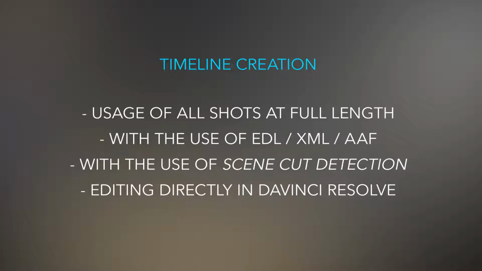Our next function is so-called scene cut detection. Let's say you have an edited video in a single video file, for example QuickTime or AVI, and are unable to obtain an edit list, that is, you have no information about the locations of cuts in the video. If you start grading such a video as a single file, your corrections will be uniformly applied to all shots used in the video.